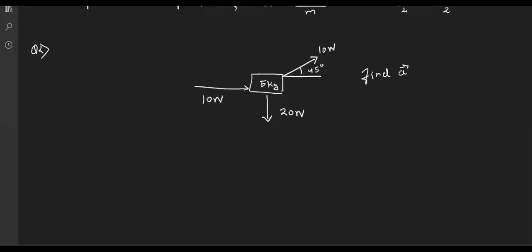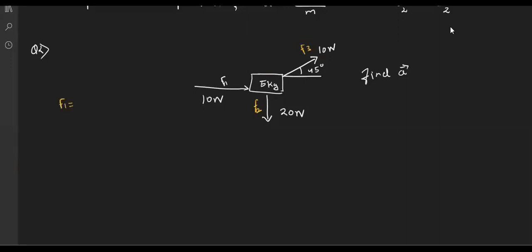Okay, let's solve this. First, how many forces do we have here? Think about the forces. We have three forces. Let's change the color. This is F1, this is F2, and this is your F3. Now F1 is already along the axis.